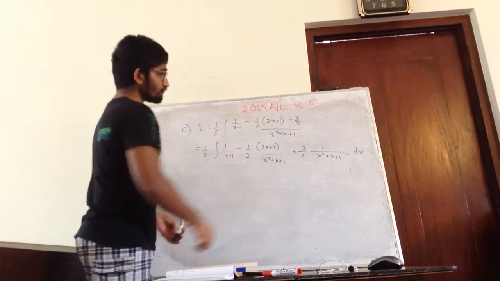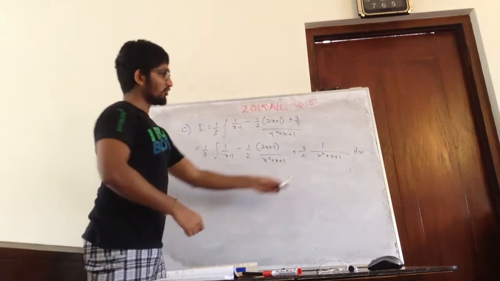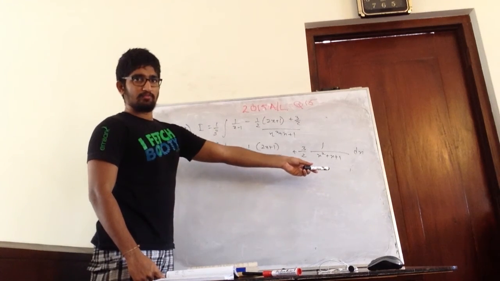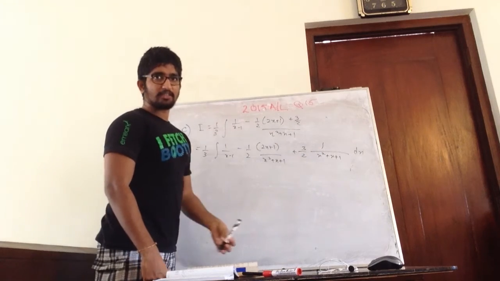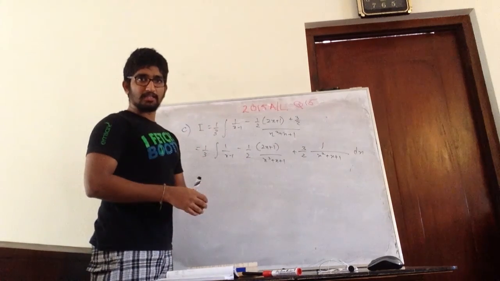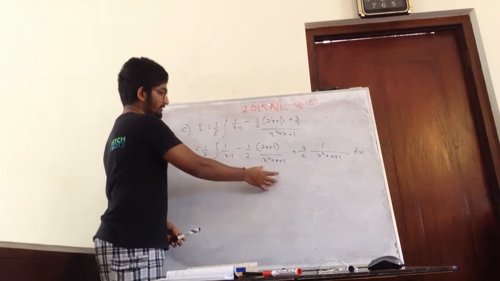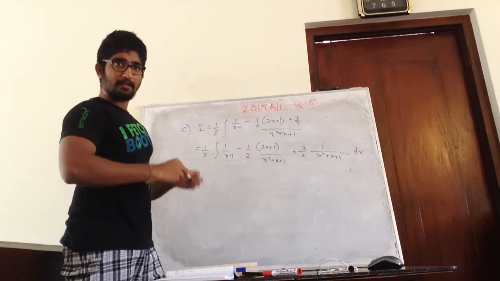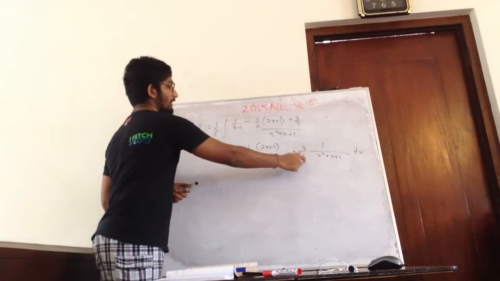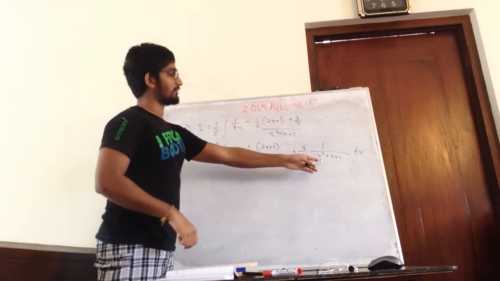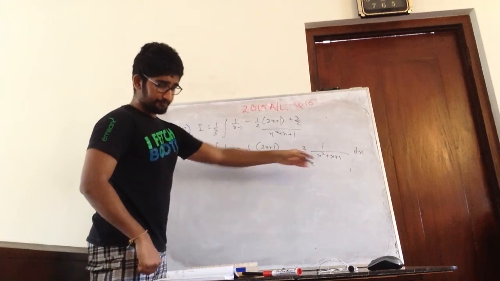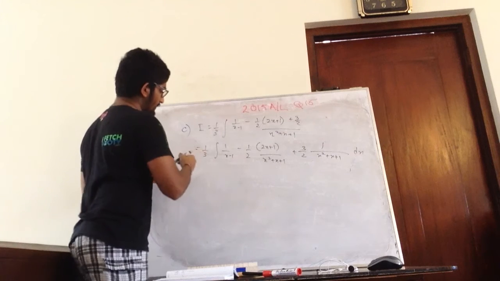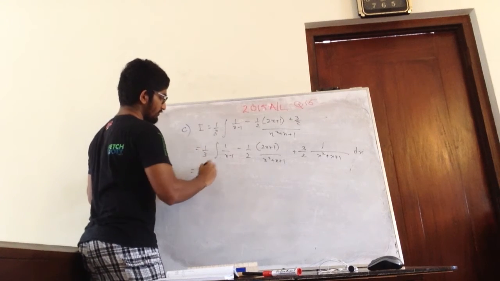Right now? But for this part, you will have to change this up into a form in which you can get the answer. The other answers are straightforward because it's a case of ln x. So what can we do here? First of all, I will write these answers down.